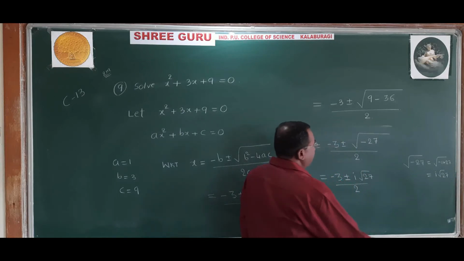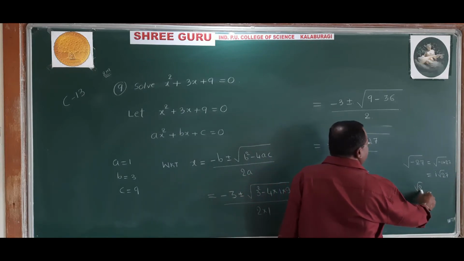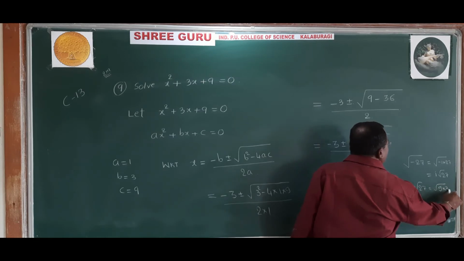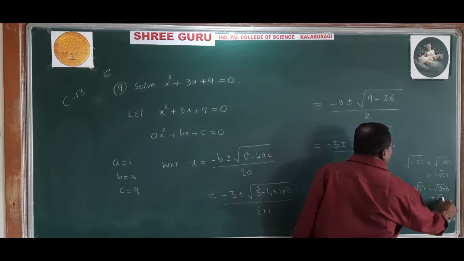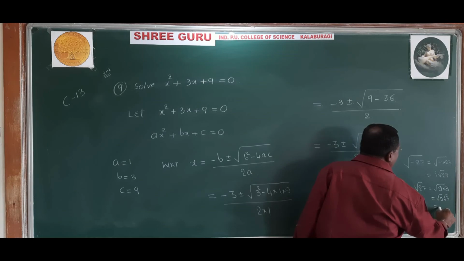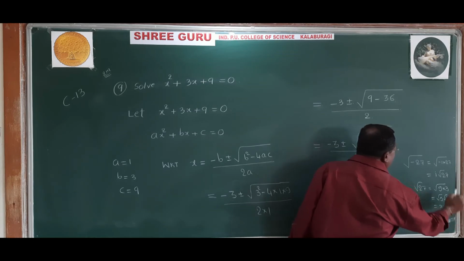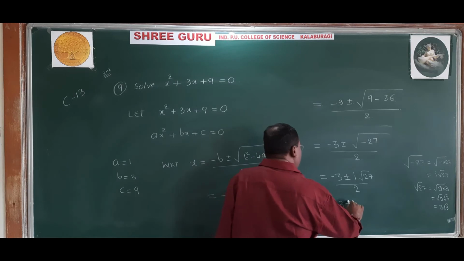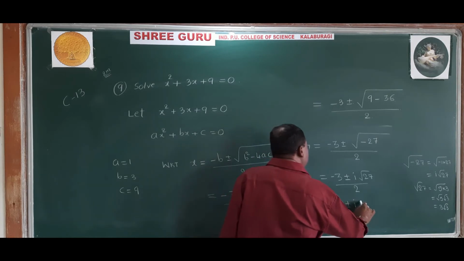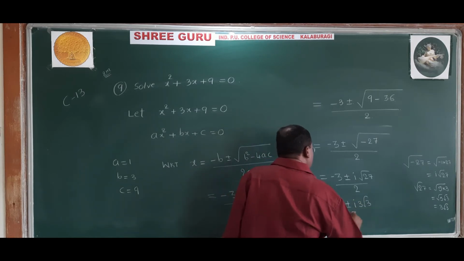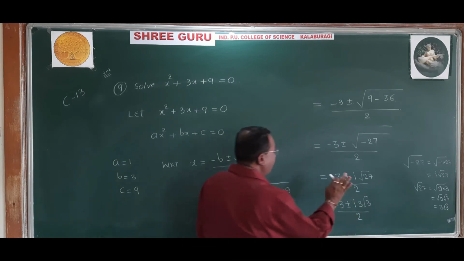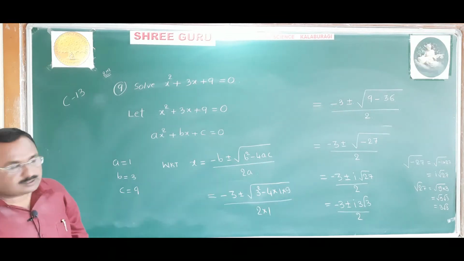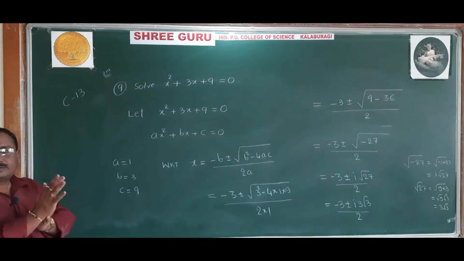Next, 27 can be expressed as 9 into 3, so root 9 root 3 is 3 root 3. This can be written as minus 3 plus or minus i times 3 root 3 divided by 2. One root positive, one root negative. Clear? This is example number 9.